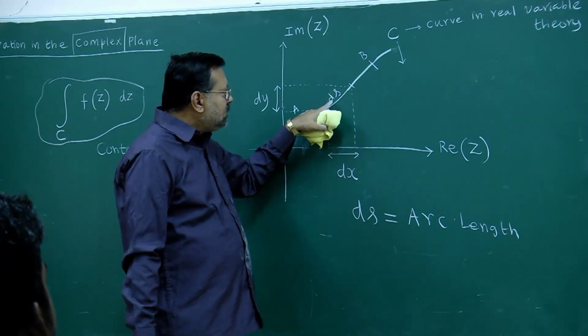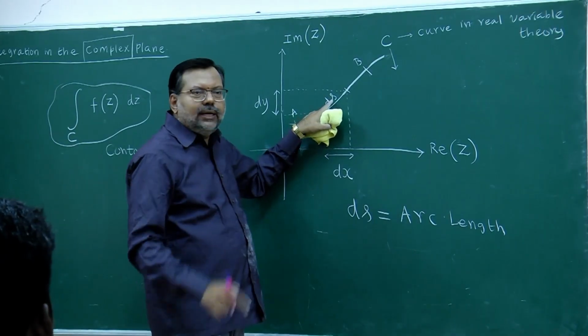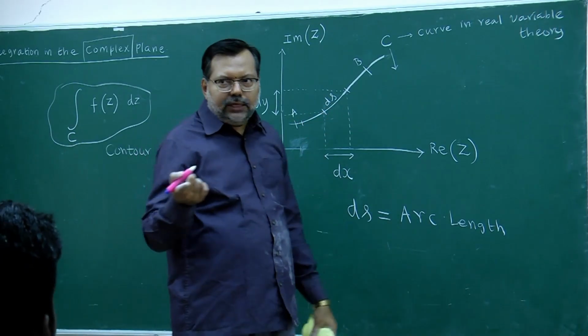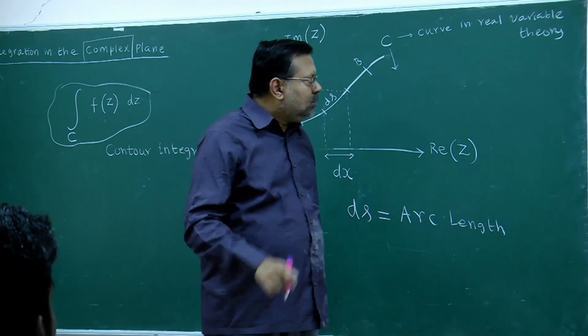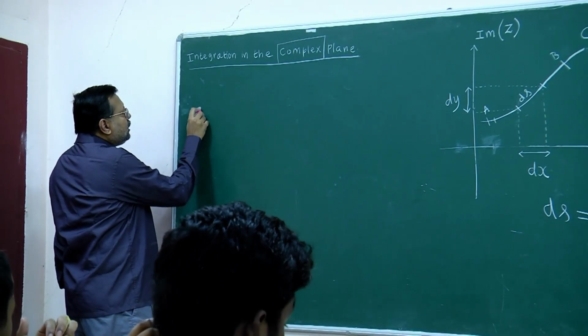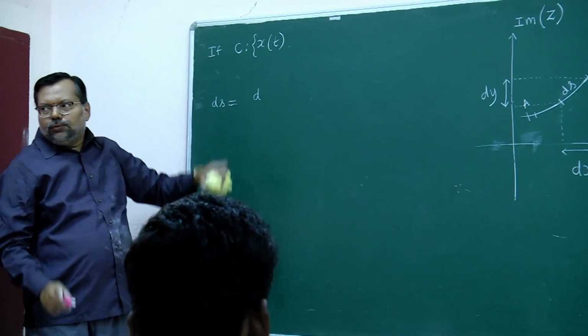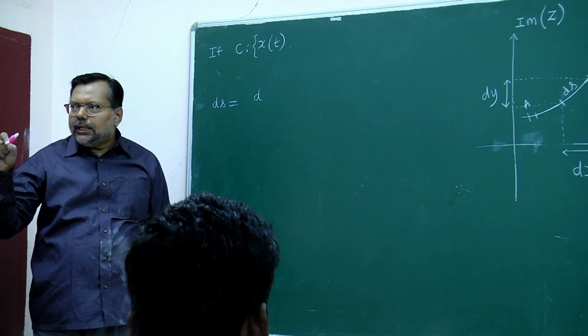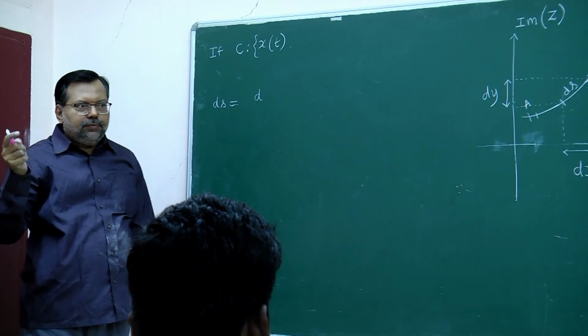Now the question is, how do I calculate ds? The calculation of ds is also already known to you. So I'll write down the formula for the arc length. ds is equal to, if you don't have the parametric representation, this formula you cannot write, you have to modify.